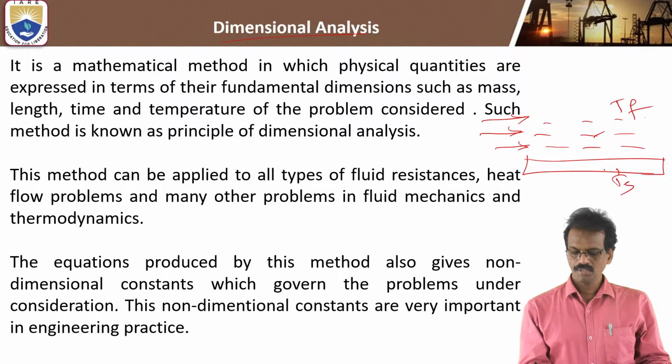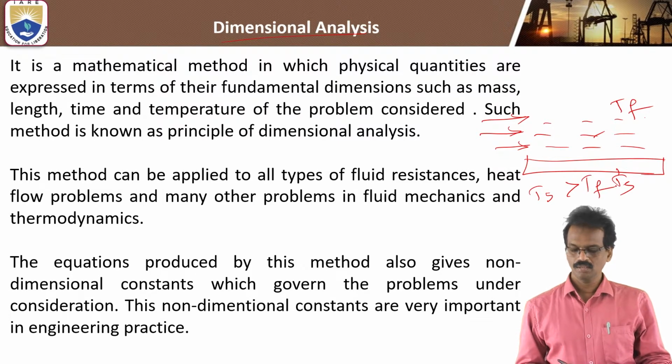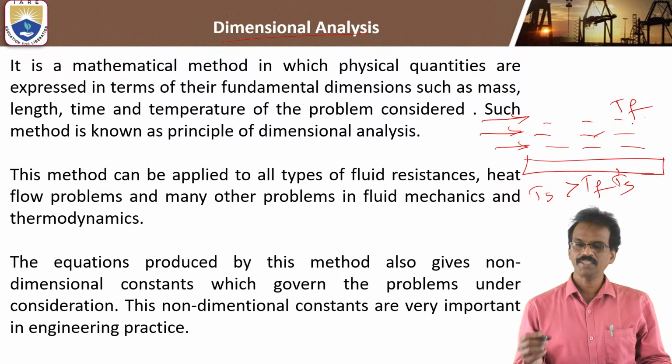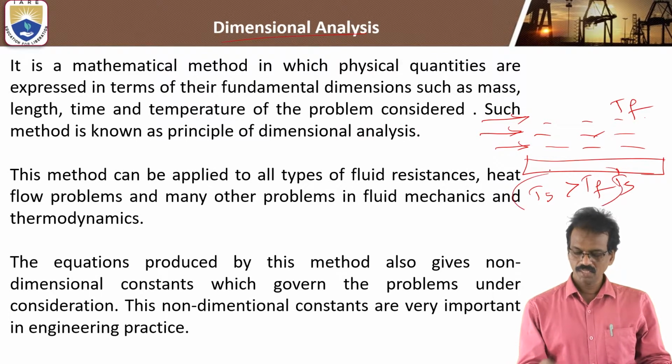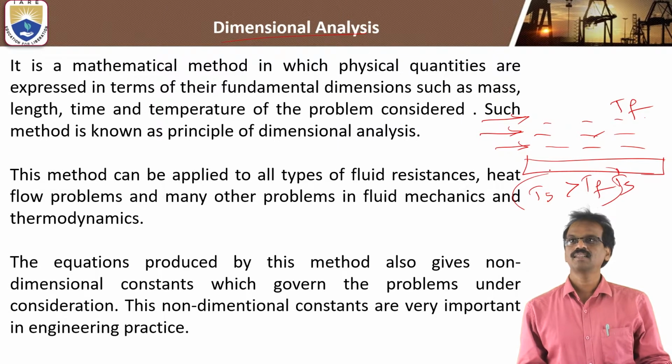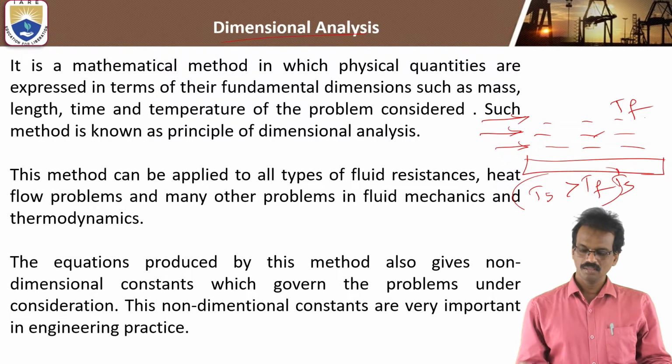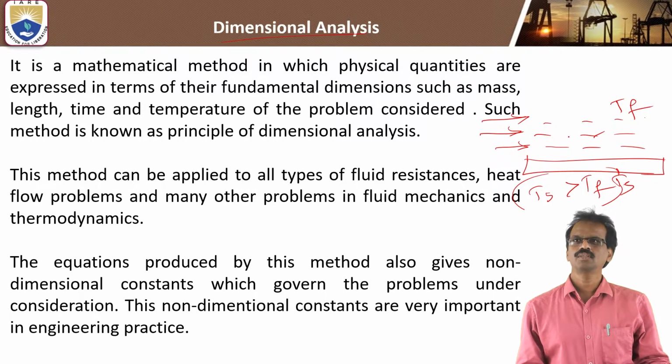If the temperature of the solid surface Ts is greater than Tf, or T infinity, the ambient temperature or fluid temperature, then the heat transfer takes place from solid to fluid.